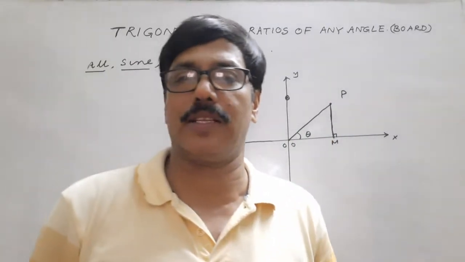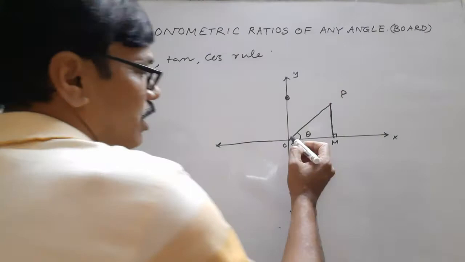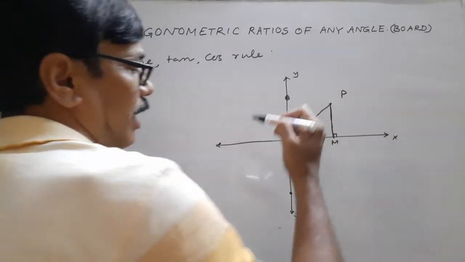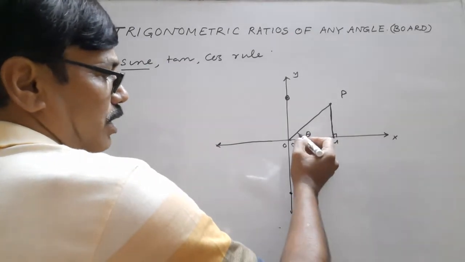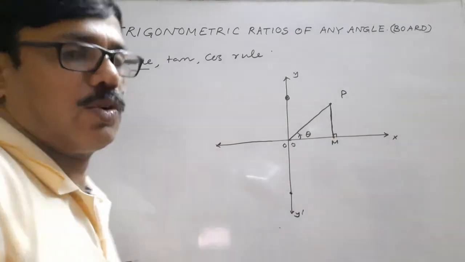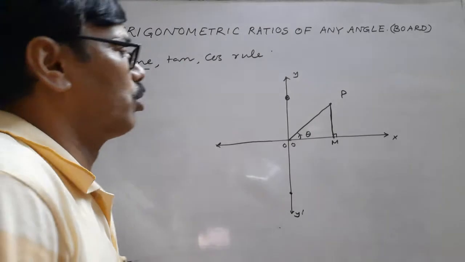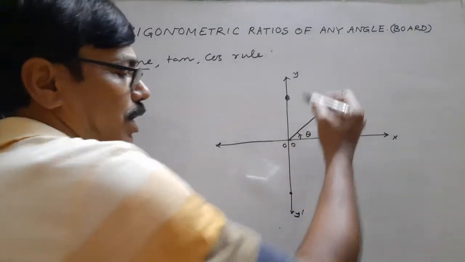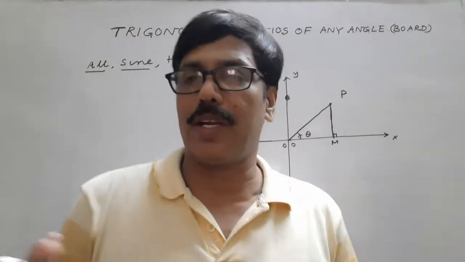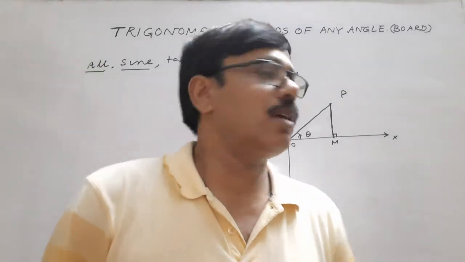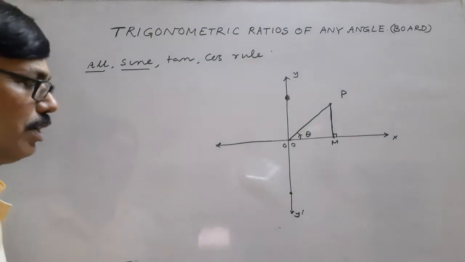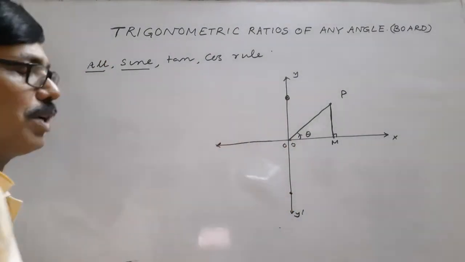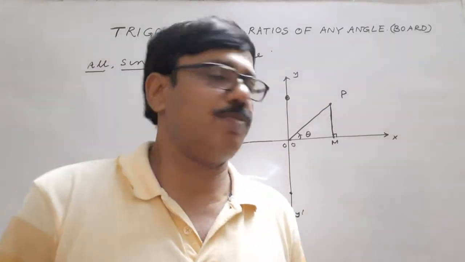We make an assumption. OX is initial, OP is final. So it is a revolving ray. XOP, this angle is theta. So we always consider a revolving ray. This position OP is positive, whatever may be the position of the quadrant. If it is in the second quadrant, then also OP is positive.